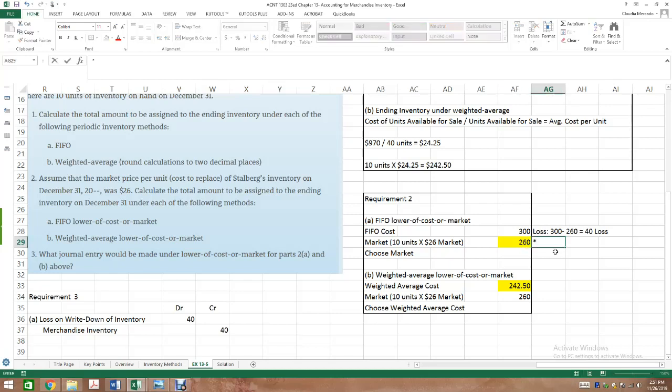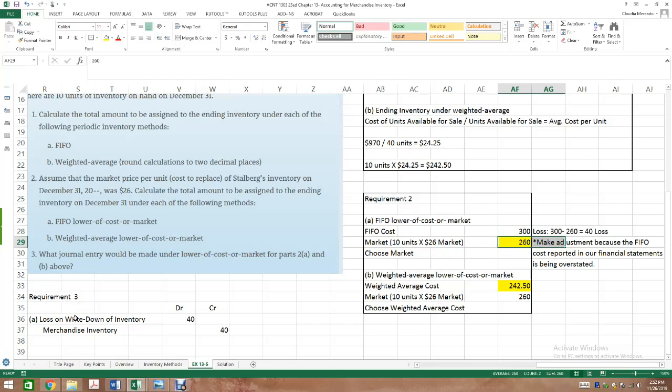We're going to make the adjustment because the FIFO cost reported in our financial statements is being overstated. I have my inventory valued at 300 when it should be 260. So I need to bring that 300 balance down to 260. That is why we have to make this entry.